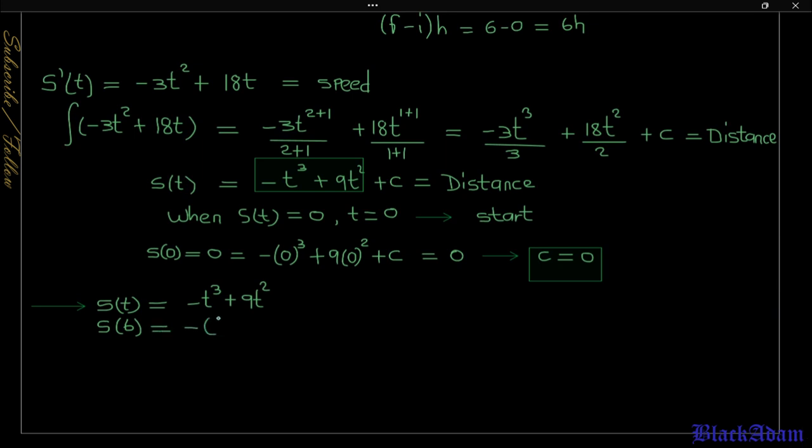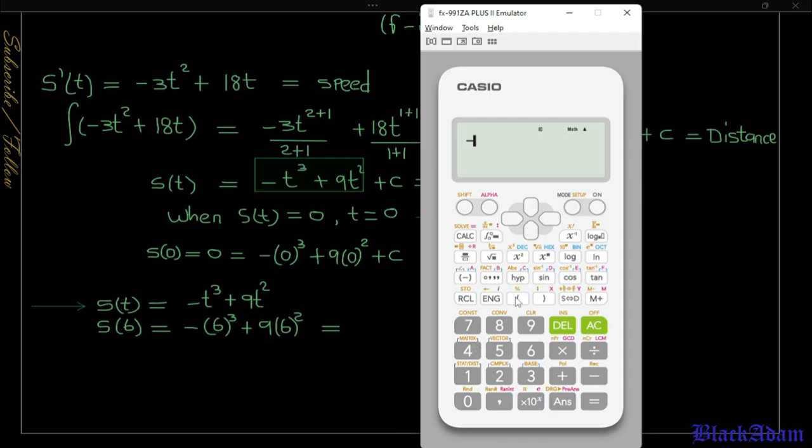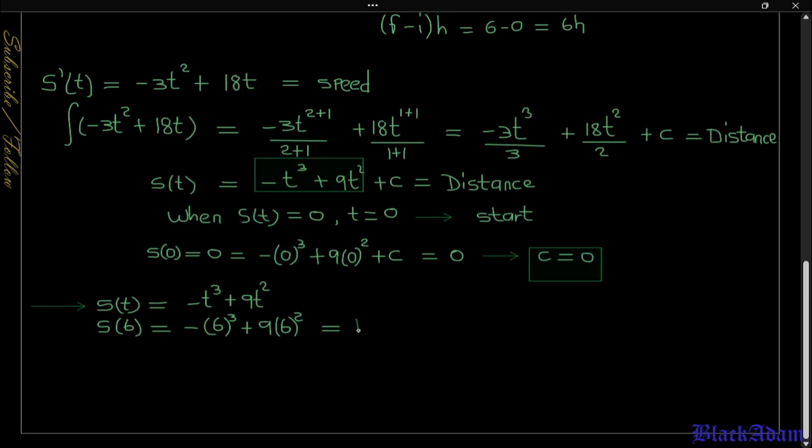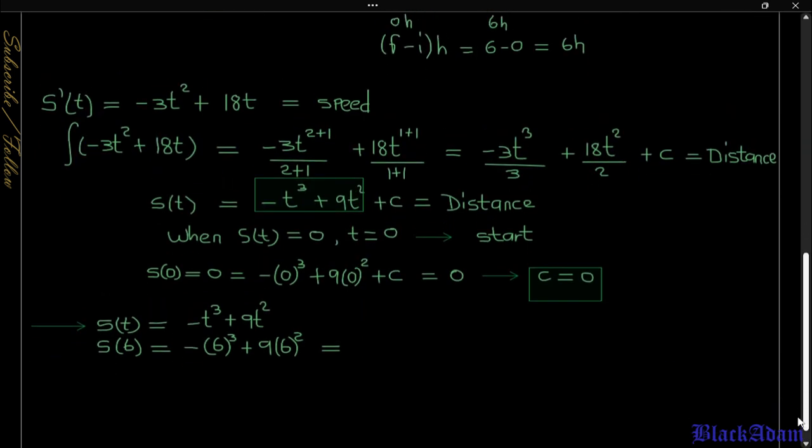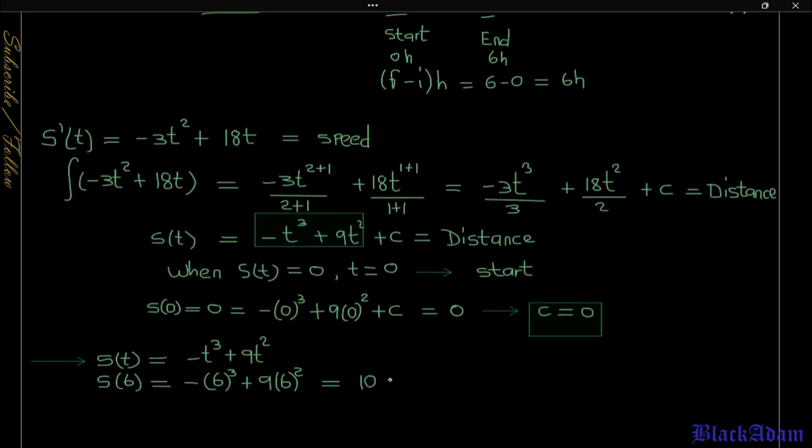That's going to be minus 6 to the power 3 plus 9 multiplied by 6 to the power 2, and that gives us 108. So it's 108. That's our answer.